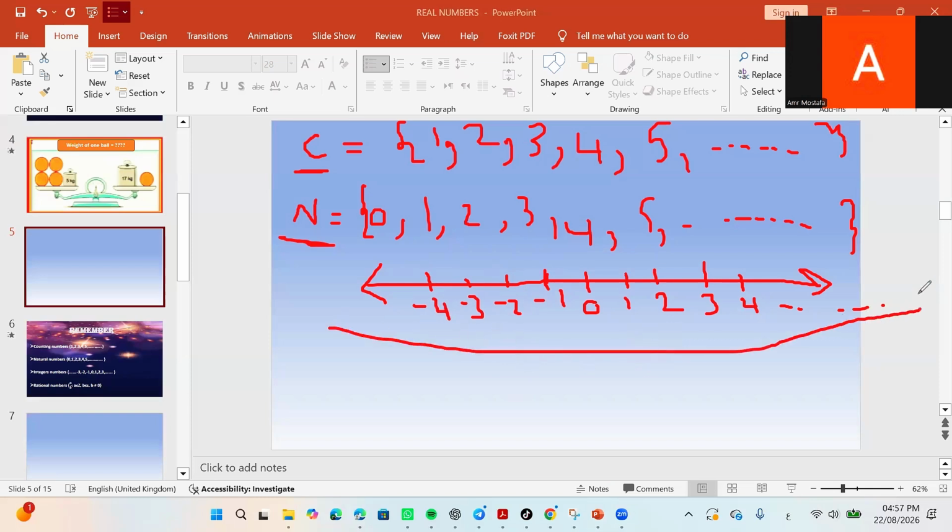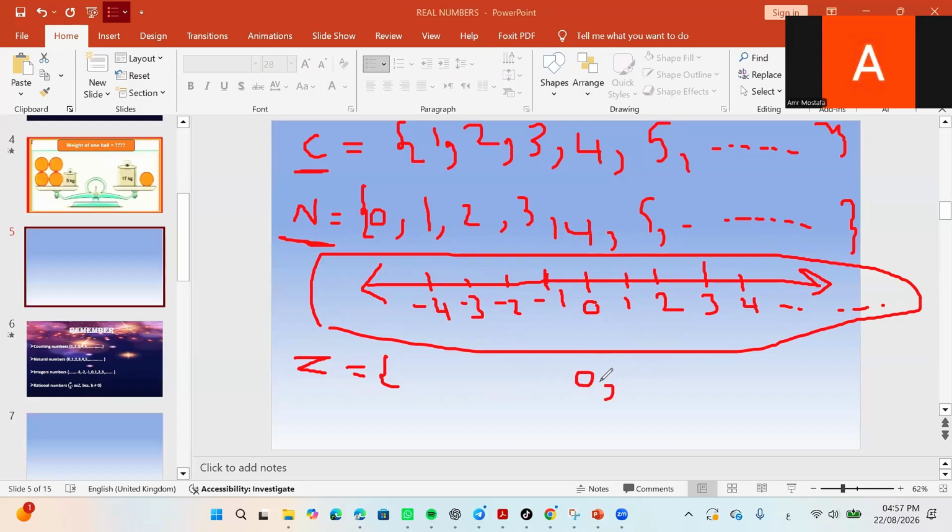This set, we call it integers, and its symbol is Z. Z means integers, and the integers equal 0 in the middle, 1, 2, 3, 4, infinite, and negative 1, negative 2, negative 3, negative 4, and infinite. This is integers.